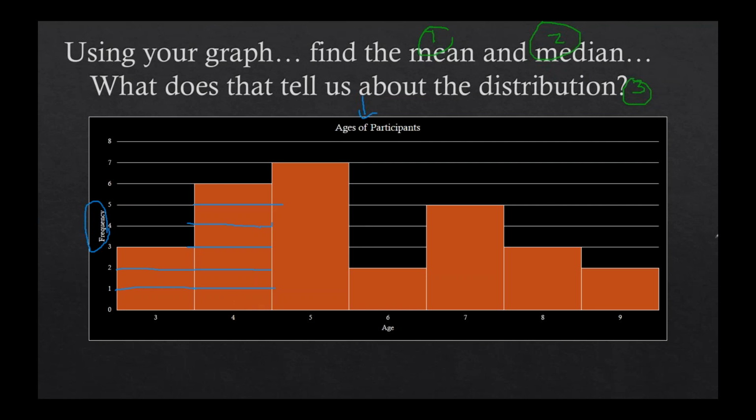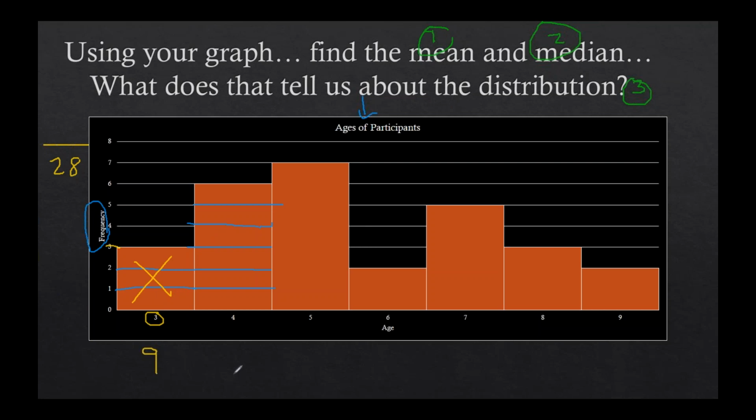So remember, to find the mean, we need to add all of the numbers up and divide by how many we have. Well, we know there are 28 numbers total, so we know we're going to divide by 28. Okay, so think about this. If I have 3-year-olds and there are 3 of them, then this box here has 9 years in it, right?